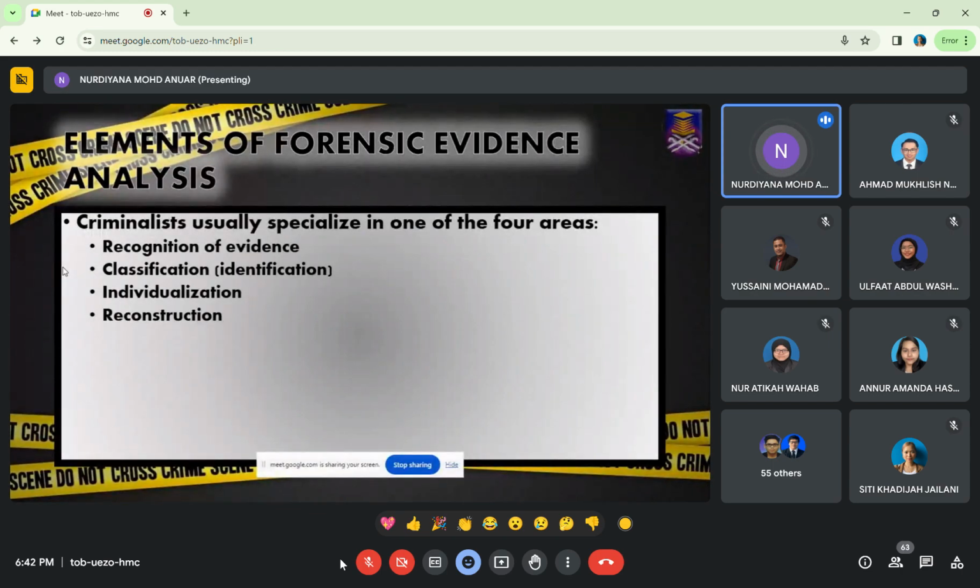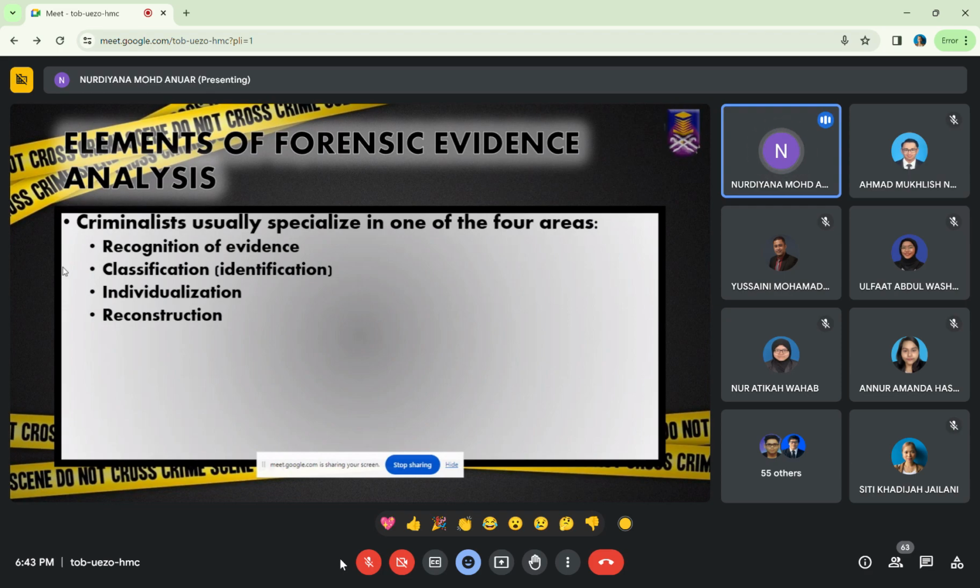So ada yang memang dia specialize dalam recognitions of evidence. So definitely individu ni adalah yang pergi ke tempat kejadian. Sebab dia yang tahu bila sampai tempat kejadian, dia tengok tempat kejadian, dia tahu okay which evidence ataupun which items yang diorang kena collect. Dia tak boleh contohlah kedai emas tu kena rompak, dia ambil semua benda dekat atas meja, dekat lantai.